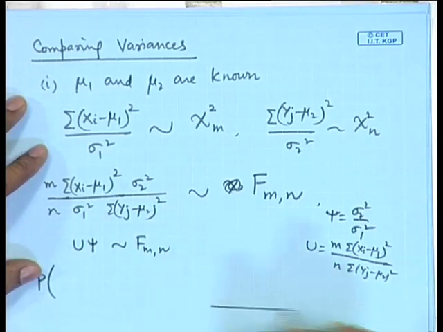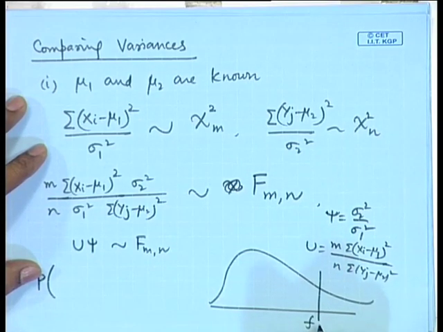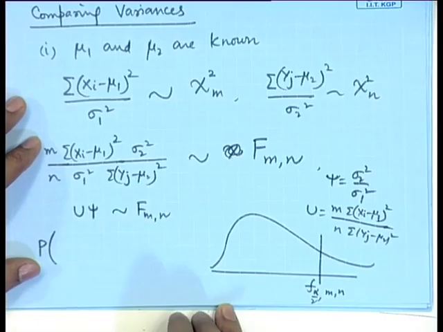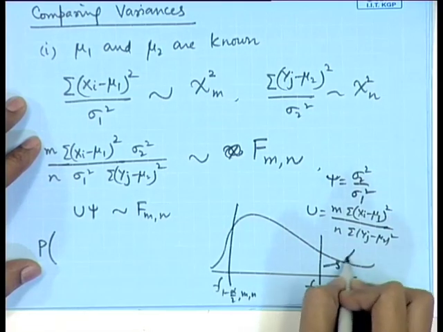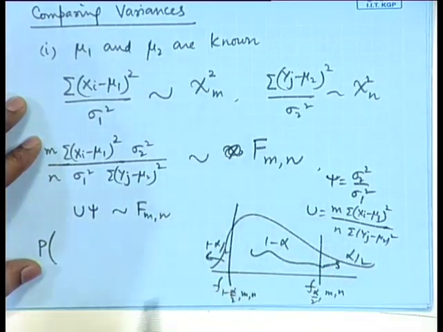If we make use of the tables of F distribution, with F alpha by 2 and F 1 minus alpha by 2 on m, n degrees of freedom, the area between is 1 minus alpha.